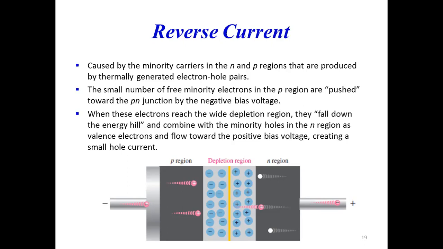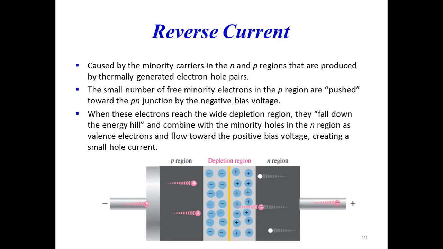Are you getting this? As I increase the reverse bias voltage, there will be more potential across this depletion region. Reverse current is flowing because of minority carriers.